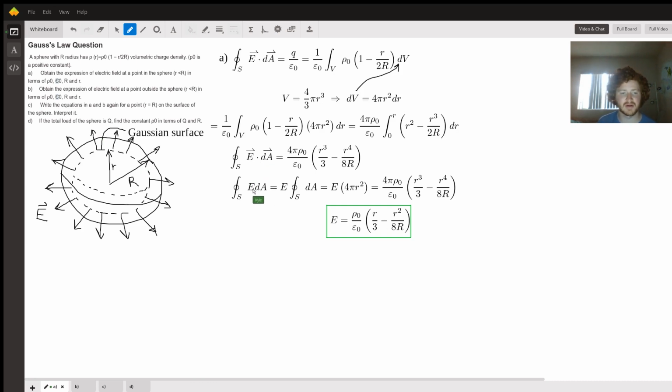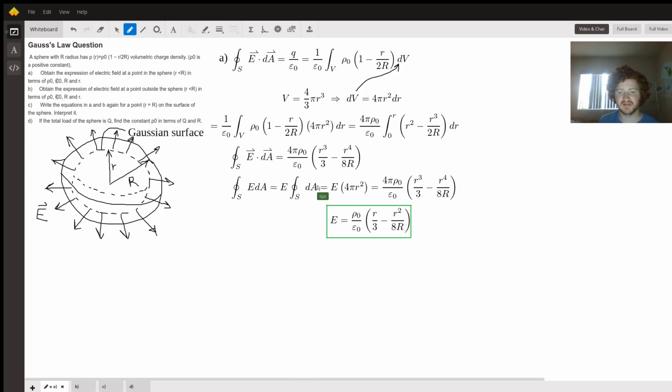We also chose the surface so that the field is constant over the whole surface because there's a uniform charge distribution, and therefore you can pull it outside the integral. The surface integral of the differential area elements just becomes the surface area of the Gaussian surface, which is 4 pi r squared.